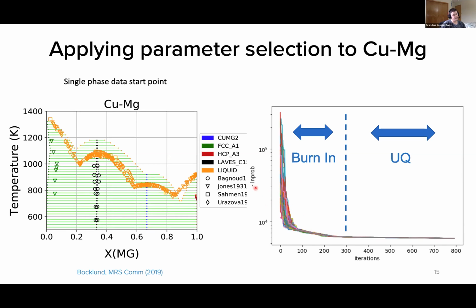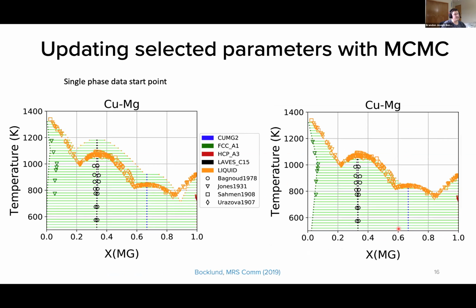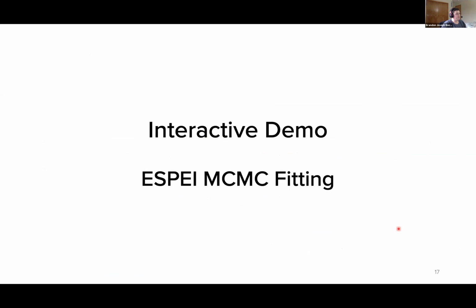So this is the negative likelihood, so I could plot it on a log scale, but we're increasing the log likelihood. And then you have this uncertainty quantification phase. And so if we apply that to copper magnesium, we can get this phase diagram that is in very good agreement with the experiment.